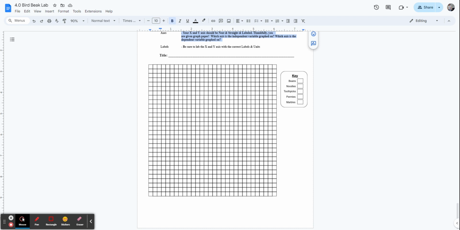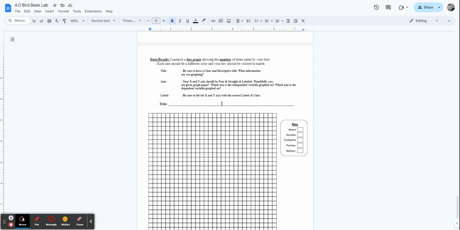So we should have our round numbers down here. So we did 8 rounds, so it should go 1 through 8. And our amount of food up on the y-axis. You will have to determine what scale you need to go by to get to the number that you need.